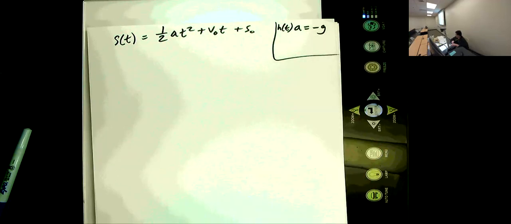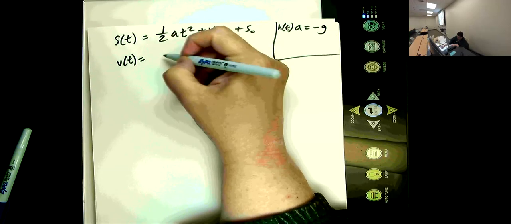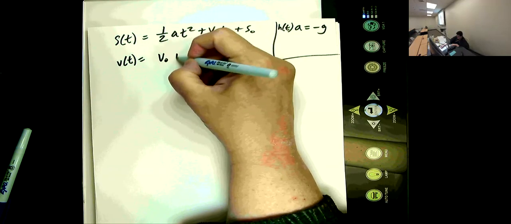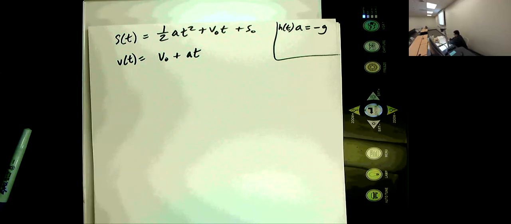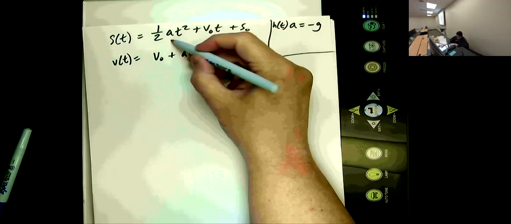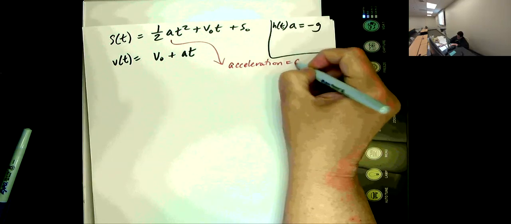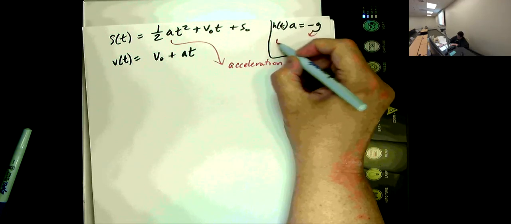And we saw the velocity function is just v naught plus at when you take the derivative. And this is assuming constant acceleration. So to do this, a is acceleration, and it needs to be constant. Like the gravity field for Earth's gravity, g is constant.